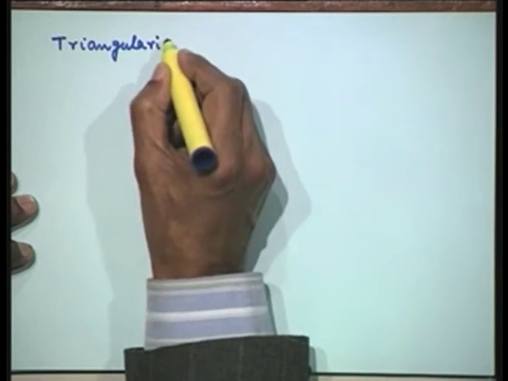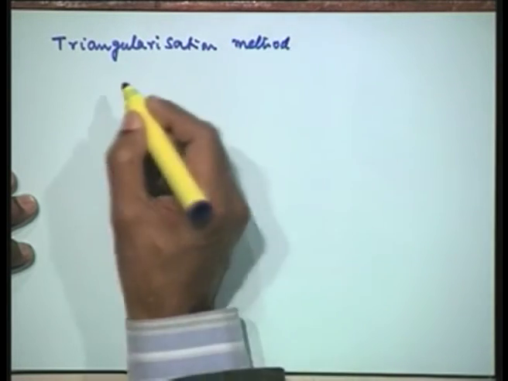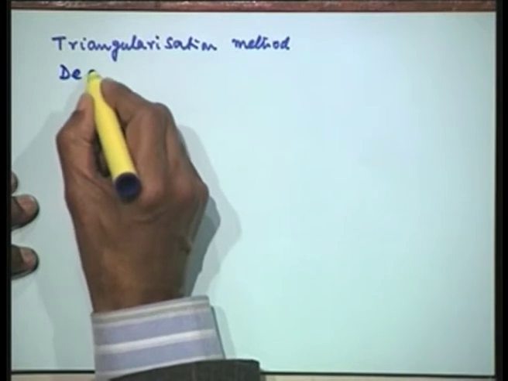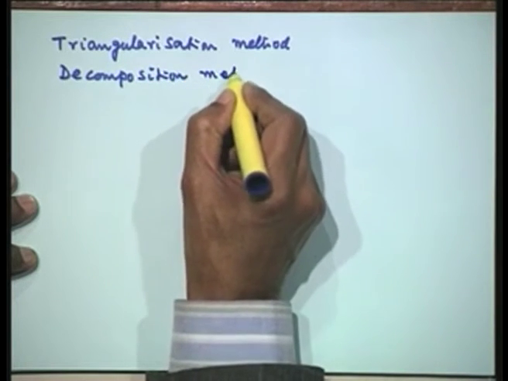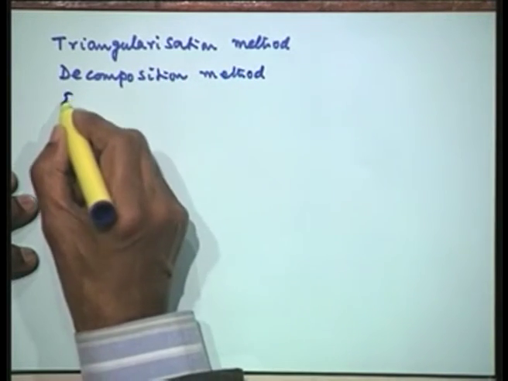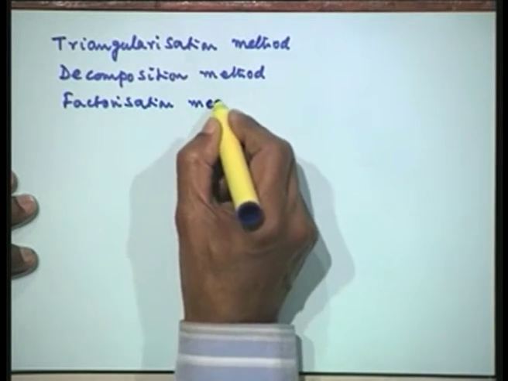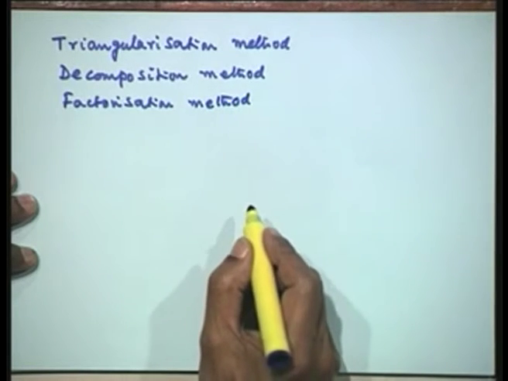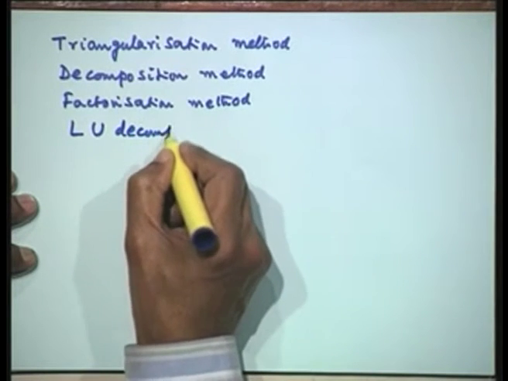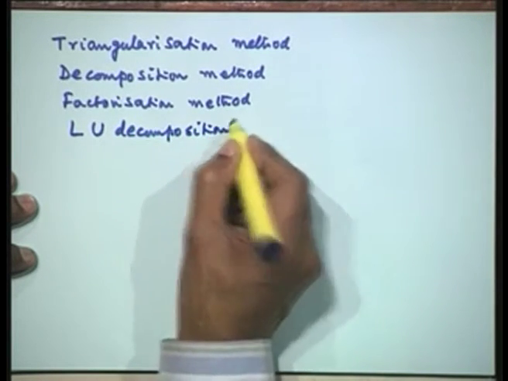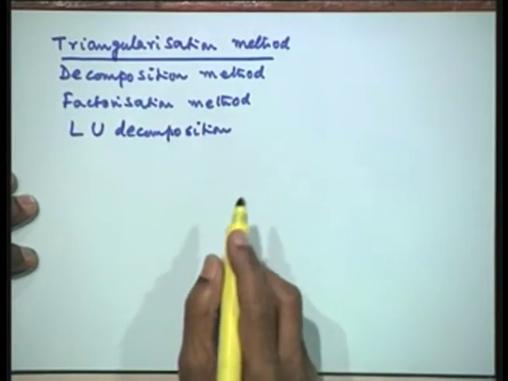It is called the triangularization method, and some books call it the decomposition method, some other books call it the factorization method, and some others simply call it LU decomposition. So, all these are for the same method that we shall be describing.